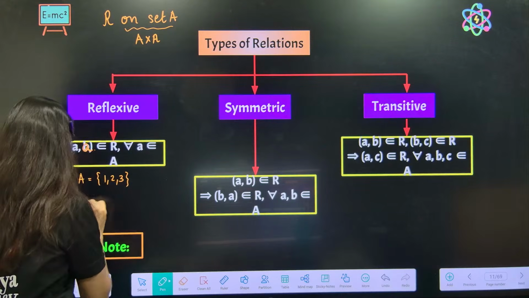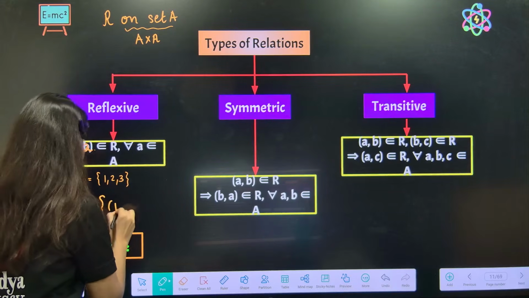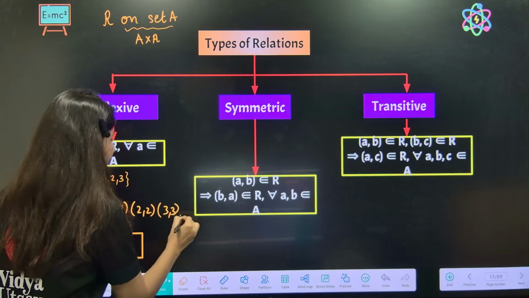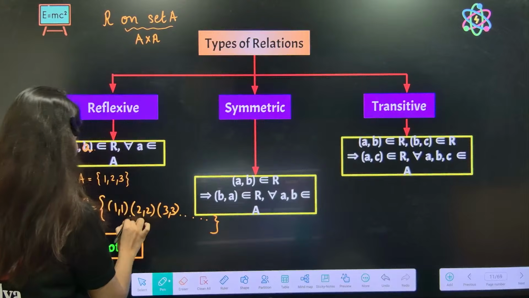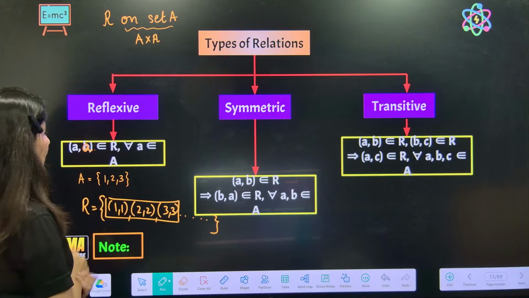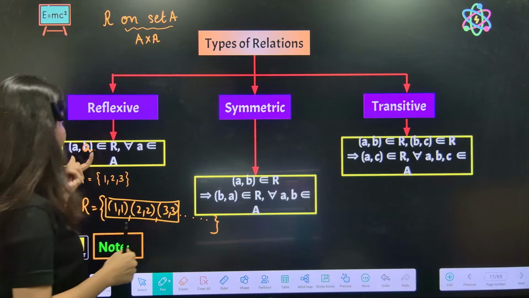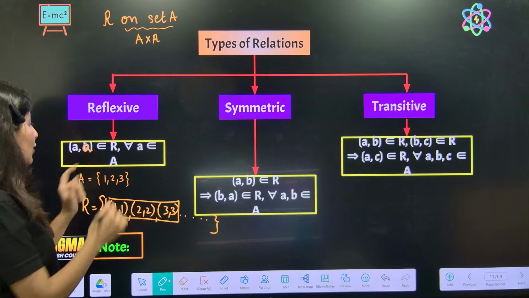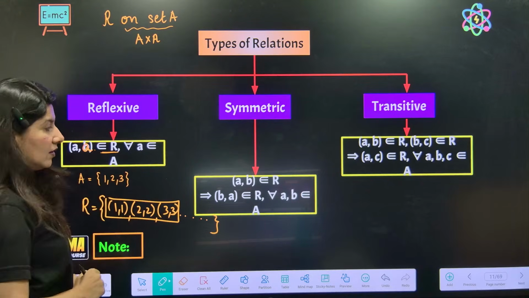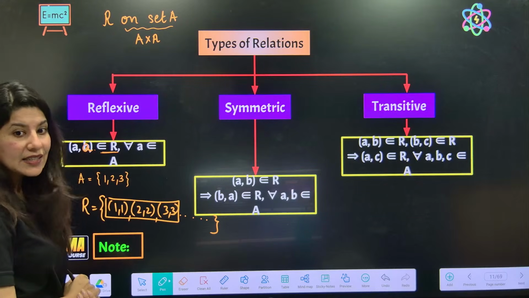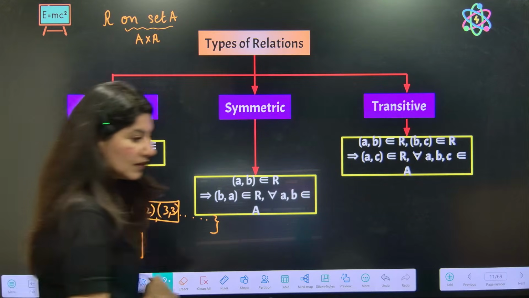Then your relation R should have all three ordered pairs (1, 1), (2, 2), (3, 3). It can have more ordered pairs also, but it must have these three. Basically, a reflexive relation says that (a, a) should belong to R for every a in set A. What does that mean?